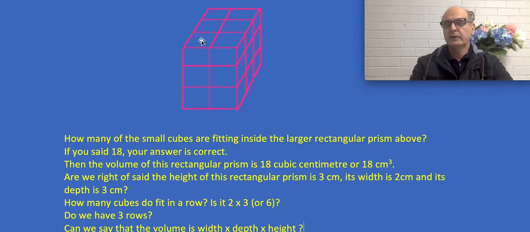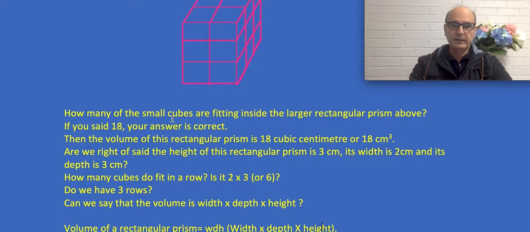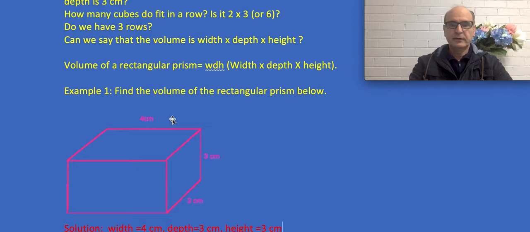So this leads us to the rule: times the width by the depth, which gives you how many in 1 row, then times it by the height, which gives you the total. So the formula for the volume of a rectangular prism is width times depth times height.